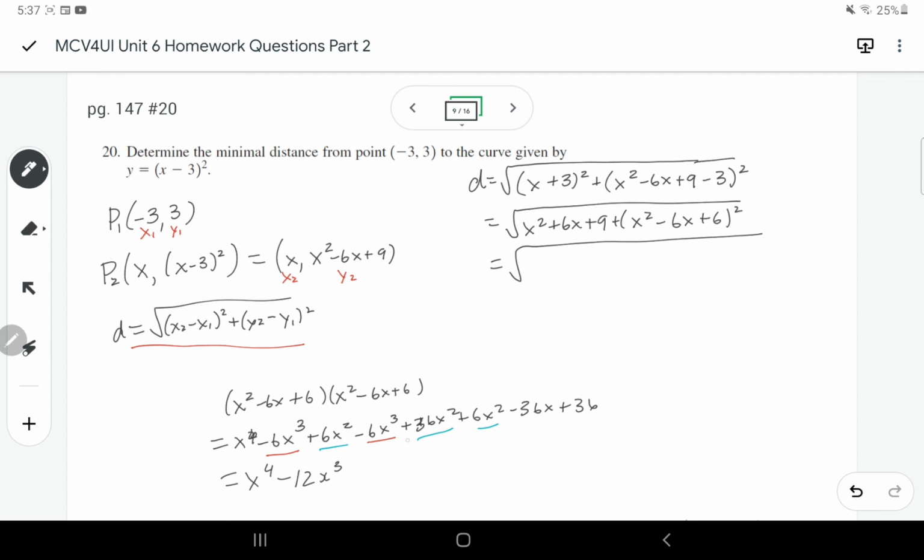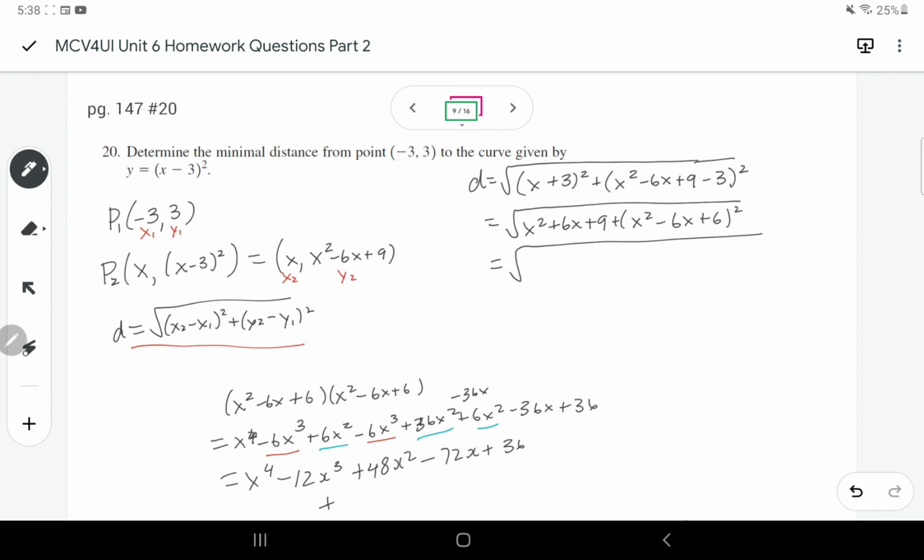I feel like I've messed something up here. x to the fourth minus 6x cubed plus 6x squared, and then we've got minus 6x cubed plus 36x squared. Oh, I missed minus 36x up there. So yes, looking at my x squareds, I think I was at plus 48x squared, and then minus 72x plus 36.